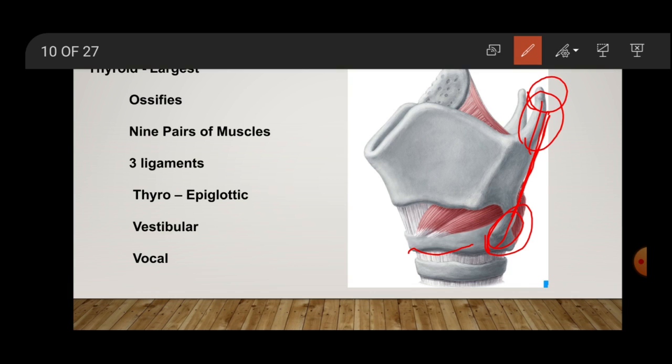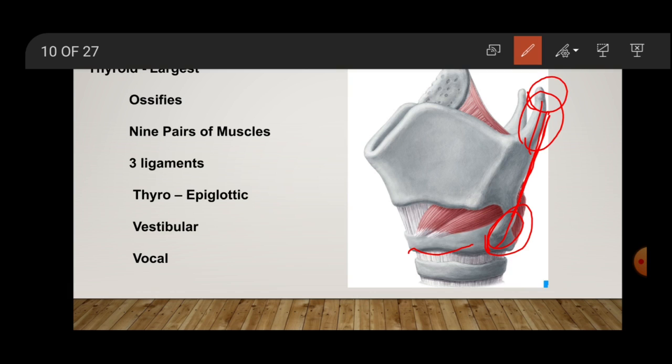The anterior part of the cricoid is called the cricoid arch. This forms the cricothyroid joint, which is a synovial variety.